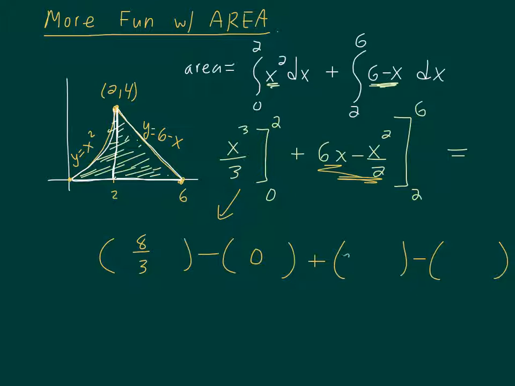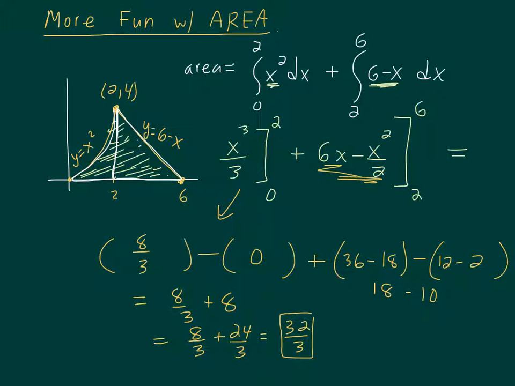That's going to give me 36 minus, well, we're going to have 36 over 2, which is 18. Okay, so I just dropped in the 6. Now I'm going to drop in the 2. That's going to give me 12 minus 2. And now it's just a matter of cleaning this all up. So when we do that, when we get a common denominator, remember 8 is the same as 24 over 3. We're going to end up with 32 over 3 for our exact area.